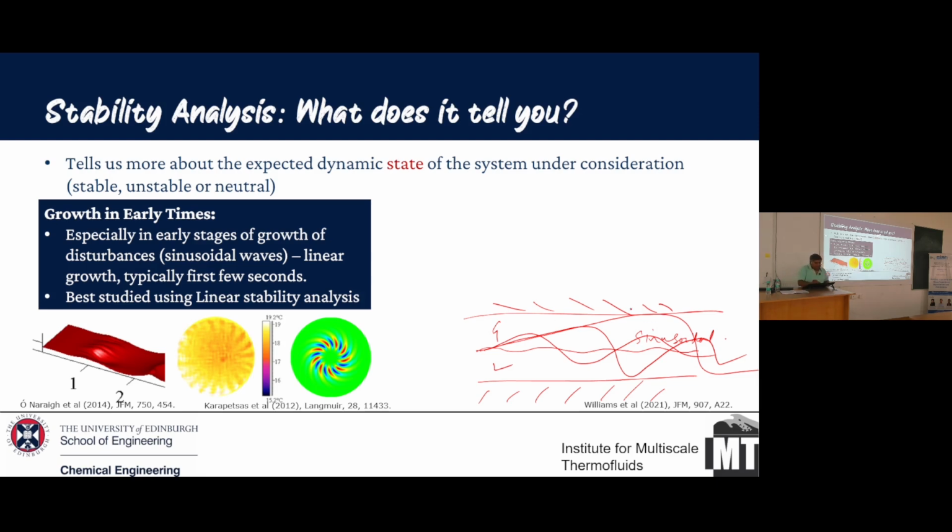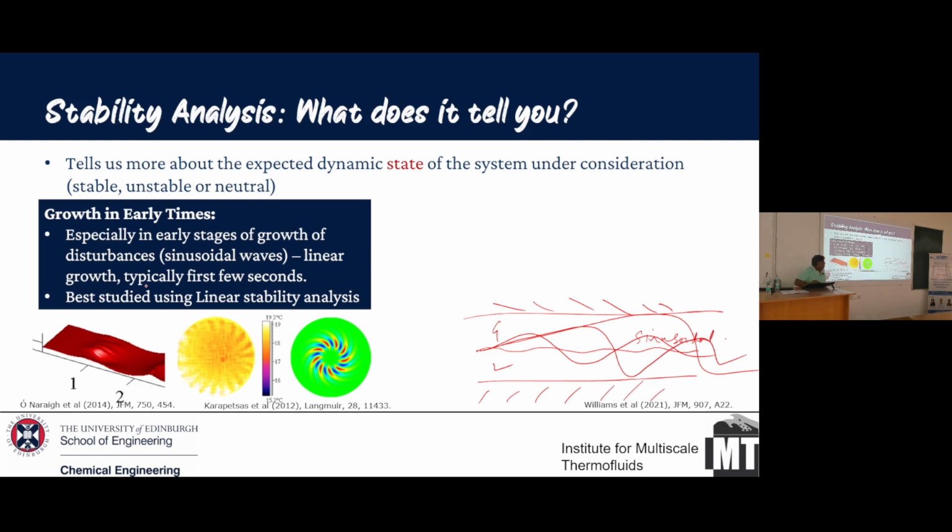At early times, the disturbance is still a bit sinusoidal. When we do stability analysis, we look at the early growth, because if you understand how your waves grow in early stages, you can predict what is happening at the later stages. Early growth is called a linear stability analysis.